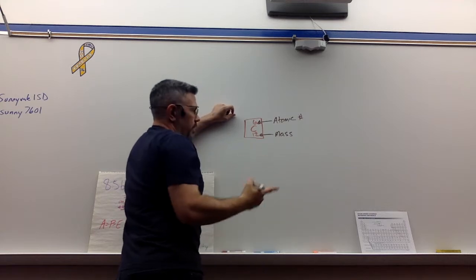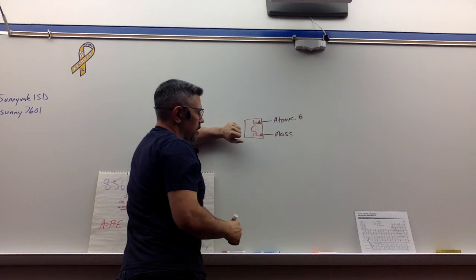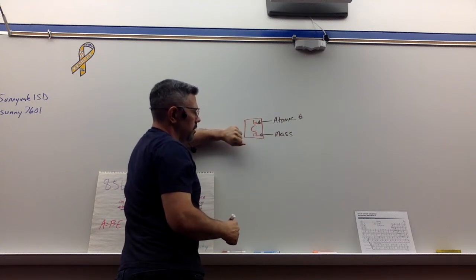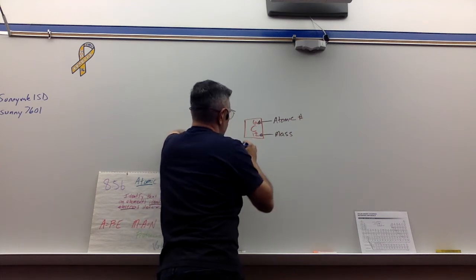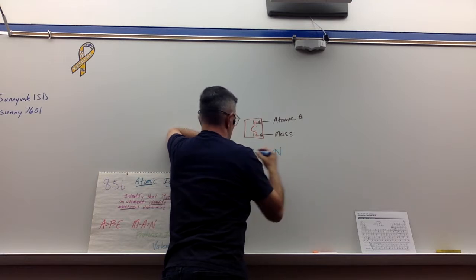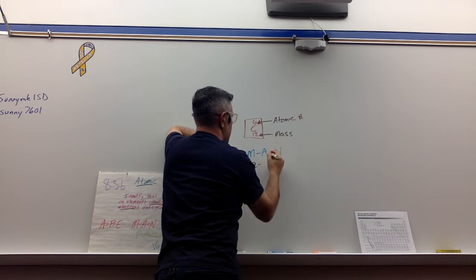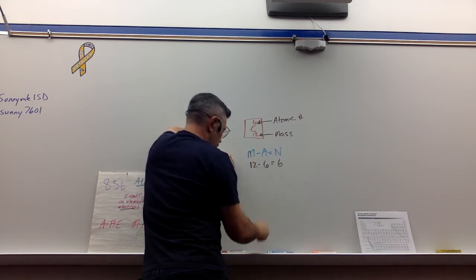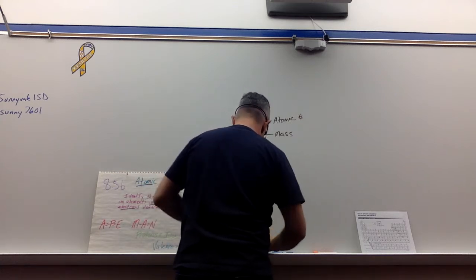And so we need to know that if the mass is 12 and it has 6 protons, how many neutrons does it have? Well, there's the strategy that we have: M minus A equals N. So the mass, which in this case is 12, minus the atomic number, which is 6, gives us 6 as the neutrons. So in the atom's nucleus, I'm going to go ahead and draw that now.